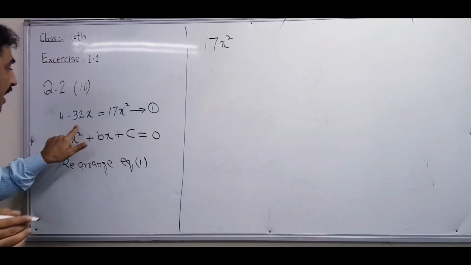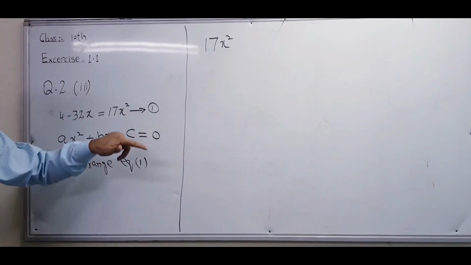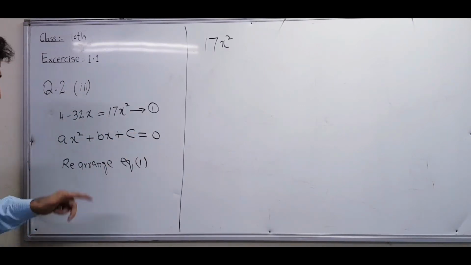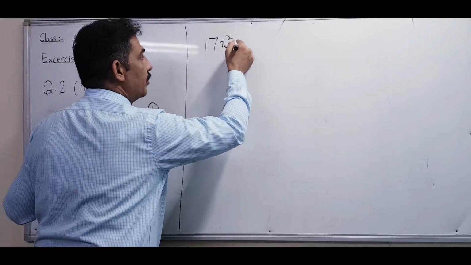So if there is minus 32x, going to the other side, what changes? Plus 32x. Very good.